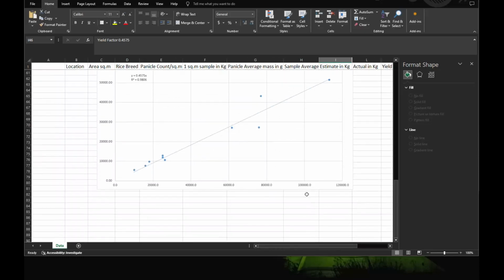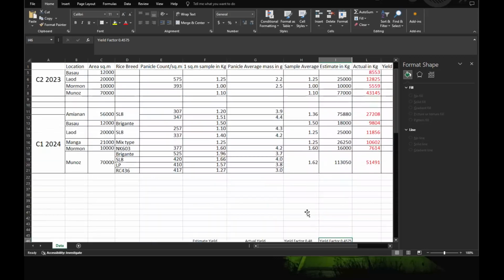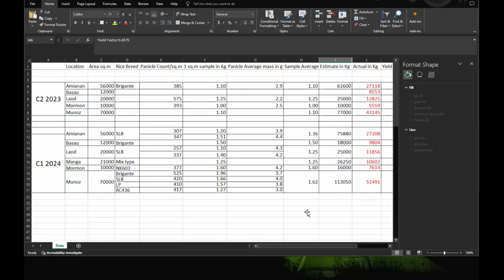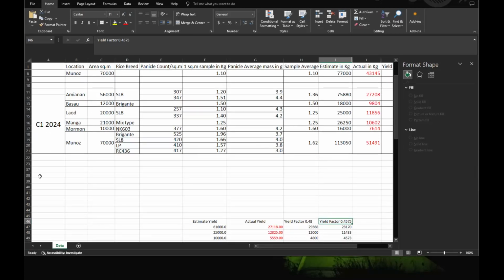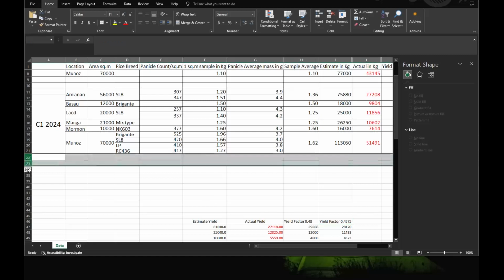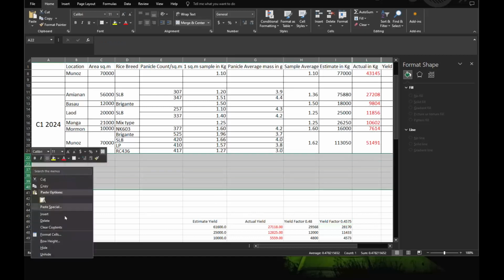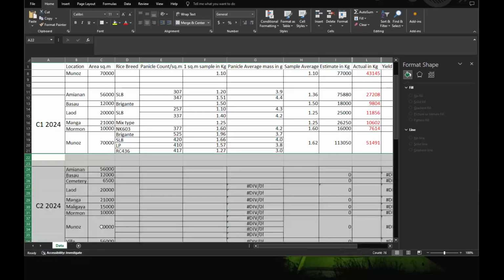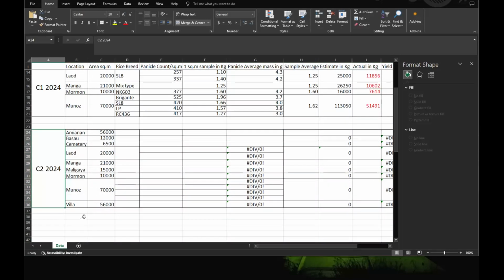So now, understanding what it means over time, as I do this, I would also start inputting data for second crop 2024. For example, I've started to tabulate certain things.